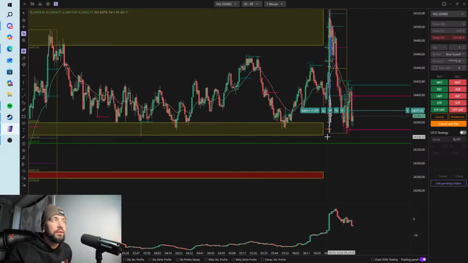If we close back above here, we can take another risk here, because there's buyers present in this area. We can go here above the value high.